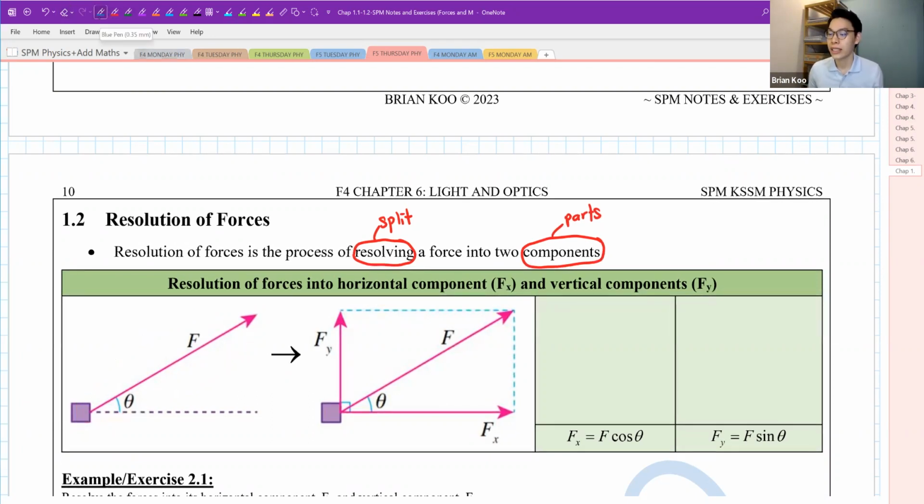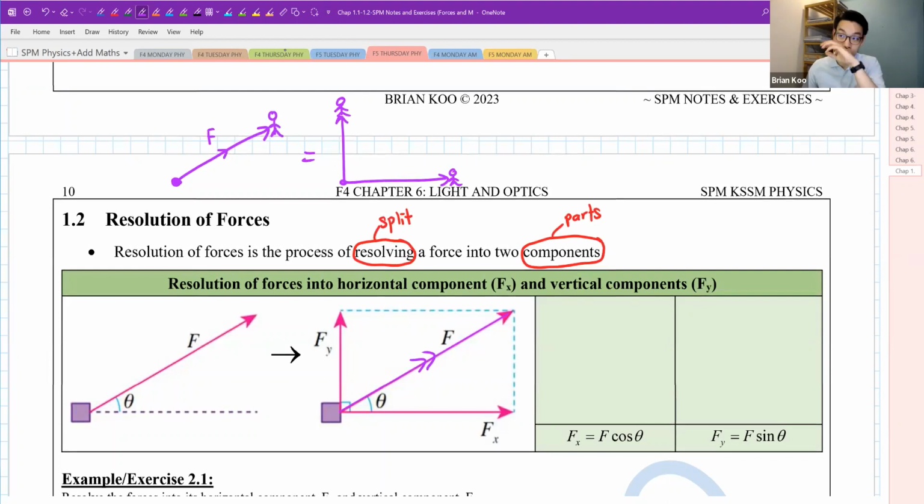So what we will do is like this. Right now, this is the final force, the purple one. And I want to find out, if I have one person pulling the object in this direction, how much force should I use if I have 2 persons trying to pull the object like this?